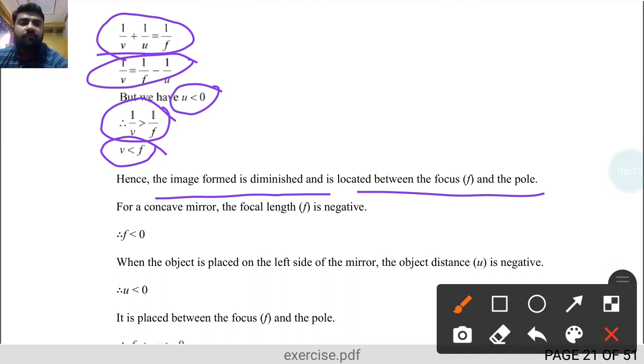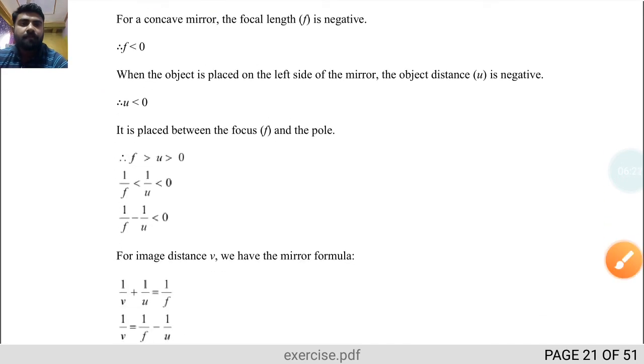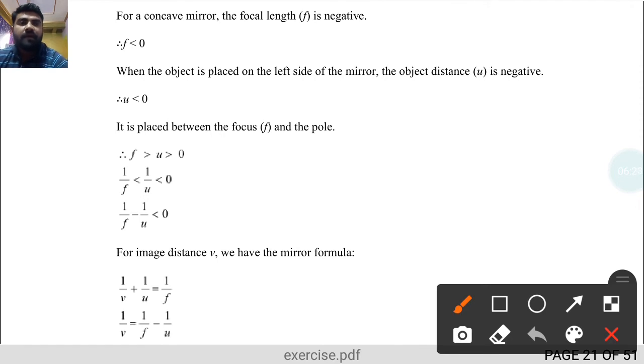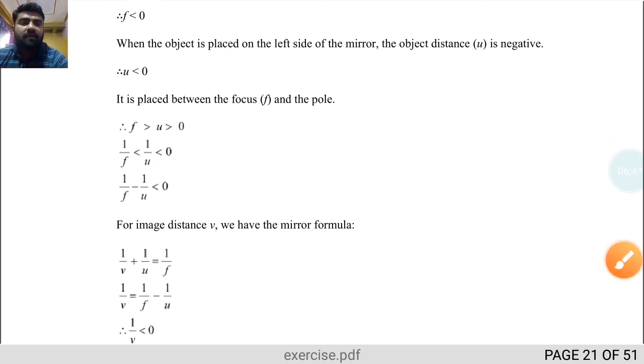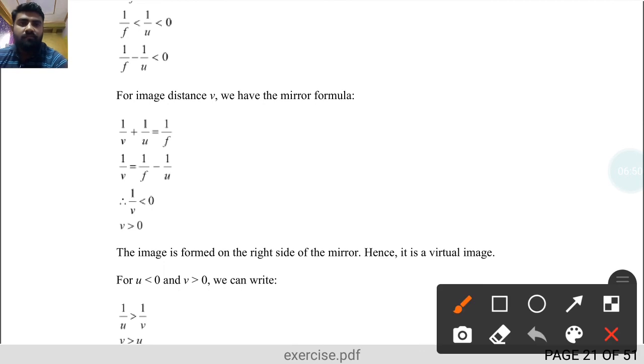Now the fourth one is to find the magnification and the nature of the image. In the fourth, a concave mirror is given, so the focal length will be negative and u is always negative, so f is less than u less than 0. Taking the reciprocal and adding 1 upon f, we come to this equation. Then for the image distance, 1 upon v is equal to 1 upon f minus 1 upon u.